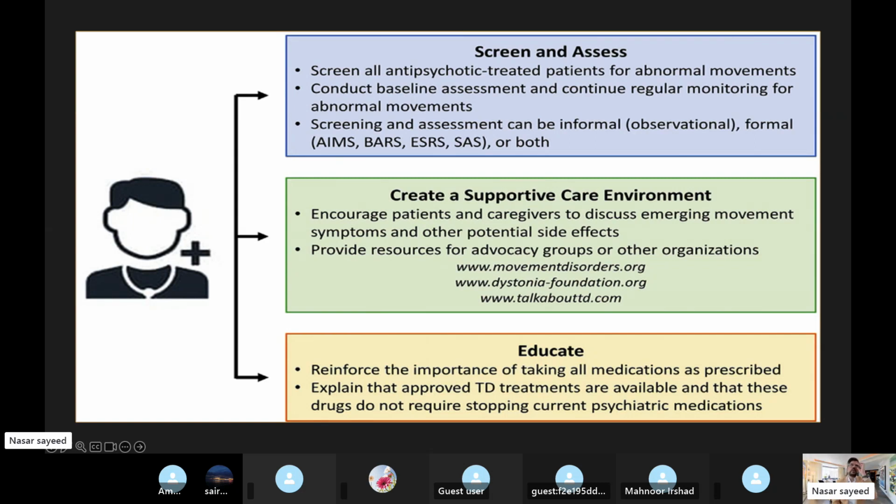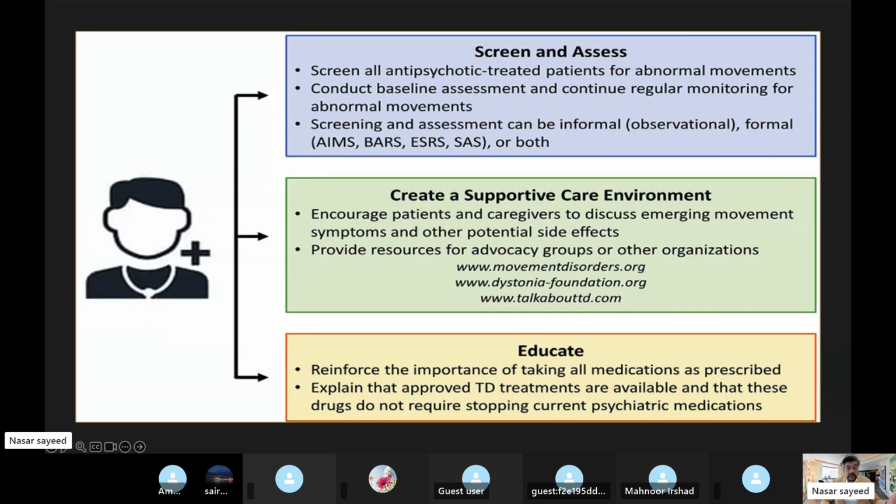Okay. Now, how do we screen and further proceed with it? The first and foremost thing is that we have to make sure that whenever the patient is coming into the setting, is he taking antipsychotic medications, or were they ever treated for abnormal movement problems in the past? If they are treated, then the approach will be different. So we have to shut down all the medications.